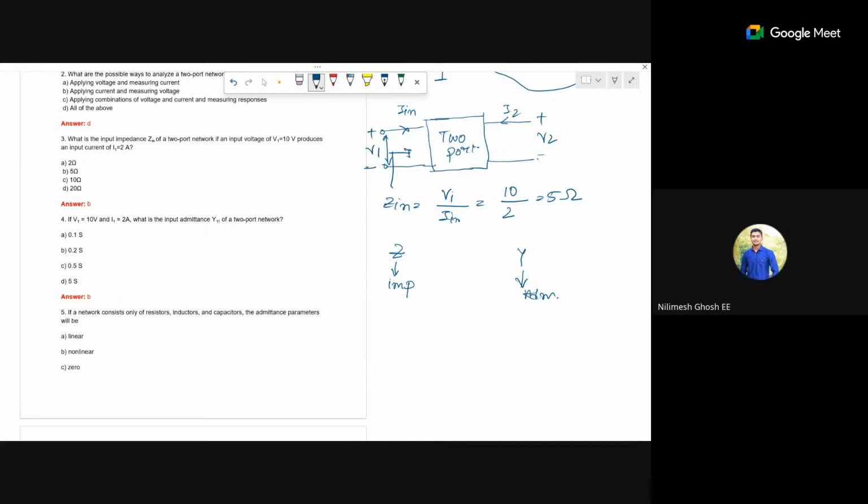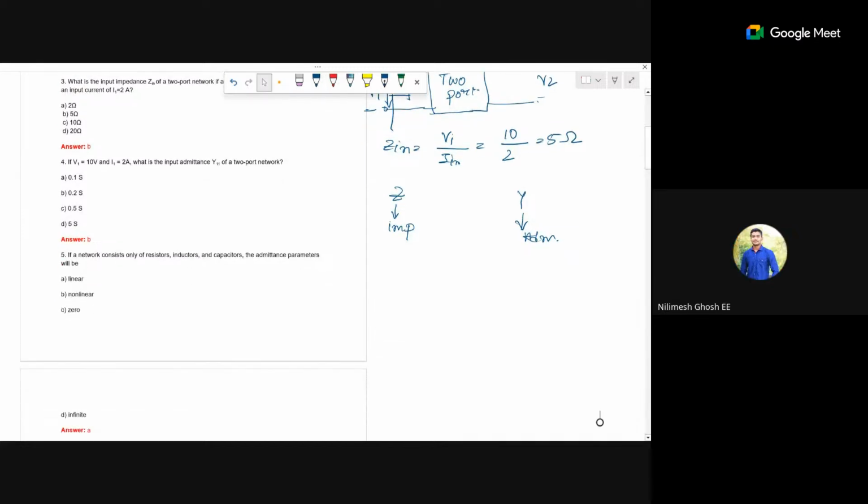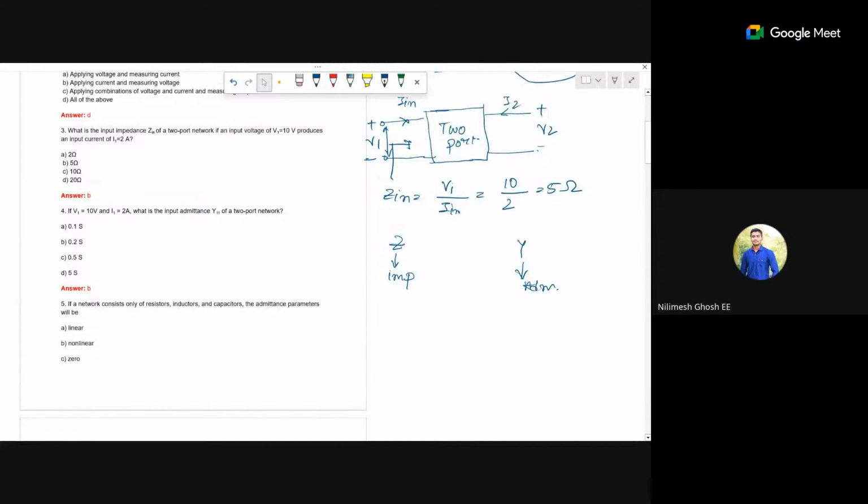Sir, if we find the Z impedance, then 1 by Z will be Y, so we don't have to calculate Y separately? No, that is not the case. If you have a particular node point and you invert the impedance, that will give you the admittance at that point.